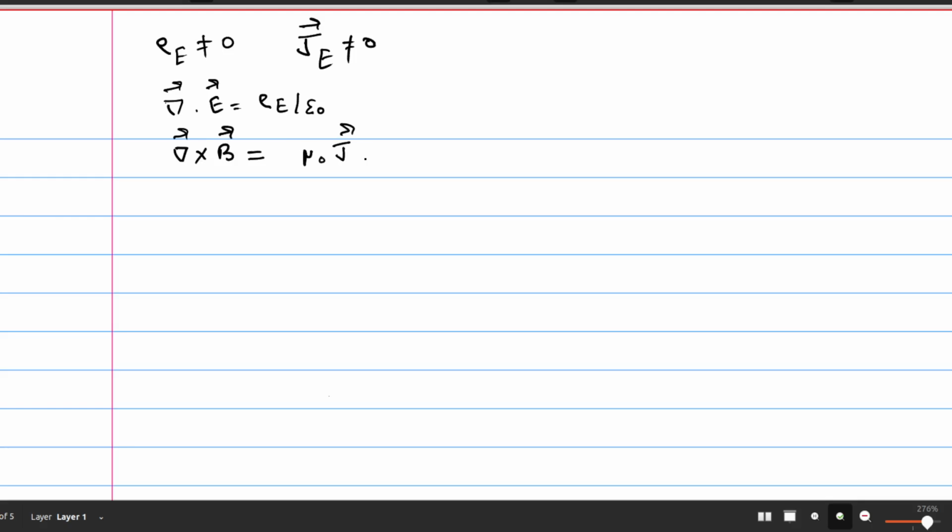So the Maxwell's equations involving rho E and JE are, in this case, divergence of E equals rho E by epsilon naught, and curl of B equals mu naught JE plus 1 by C square del E over del T.